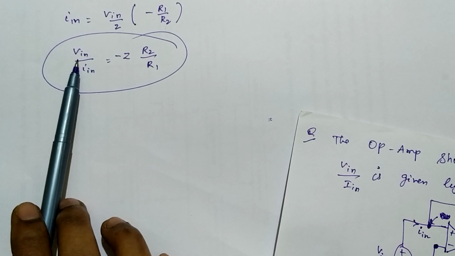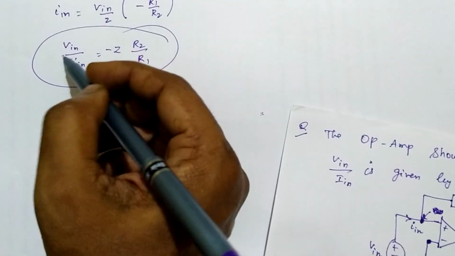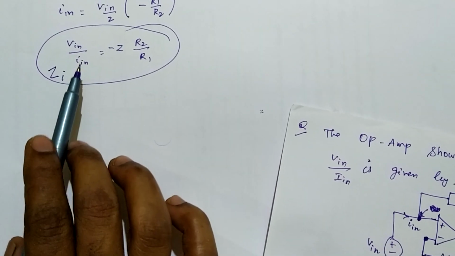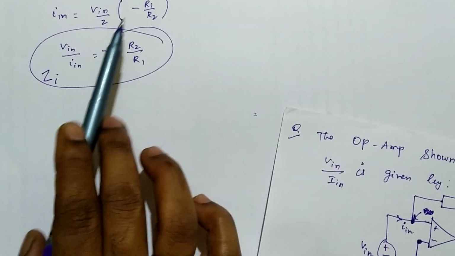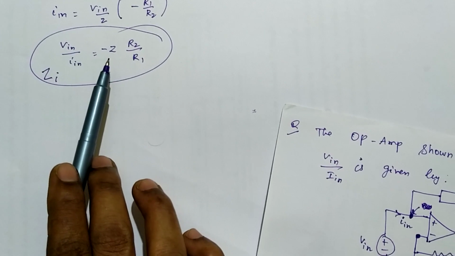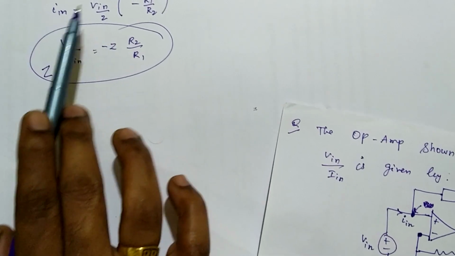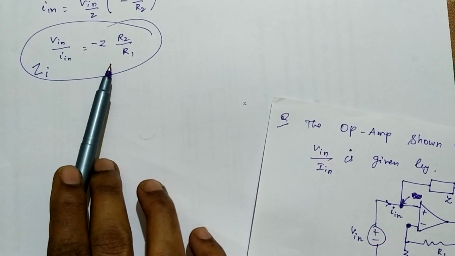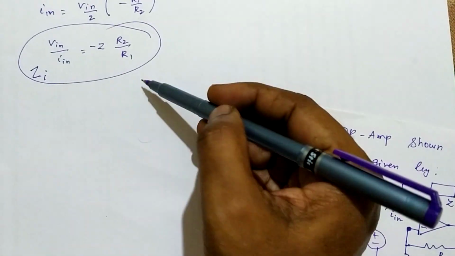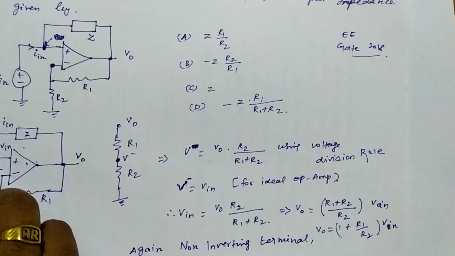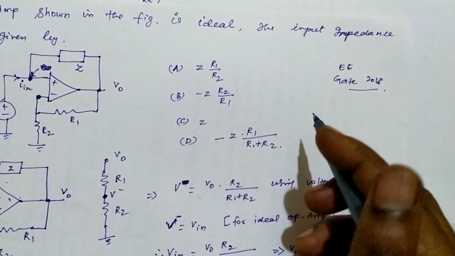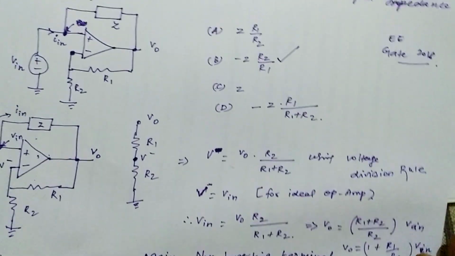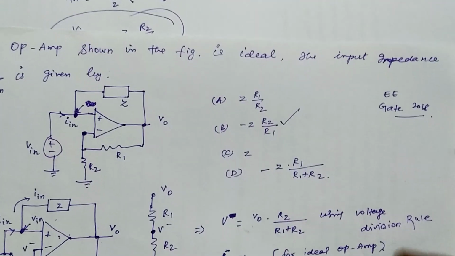So the input impedance is input voltage divided by input current, Vin by Iin, which equals minus Z R2 by R1. So the answer is minus Z R2 by R1. This is the answer.